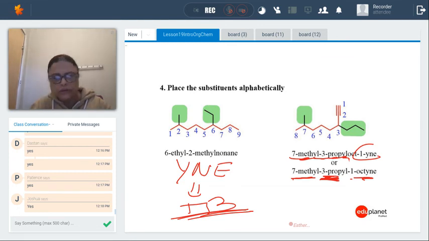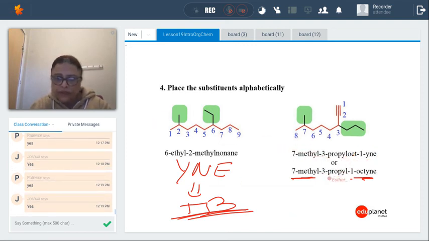No multiple bond altogether, only single, will be alkane. So alkane, no double bond, no triple bond. Alkene, double bond. Alkyne, triple bond. So far so good? And also here you have a synonym, 7-methyl-3-propyl-1-octene, because it is octene, and the double bond starts at position 1. But you can also have the synonym 7-methyl-3-propyloct-1-ene.